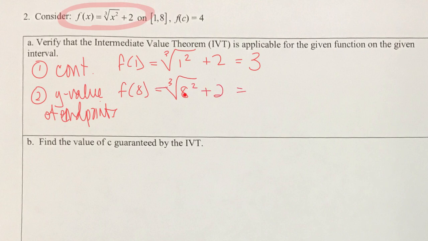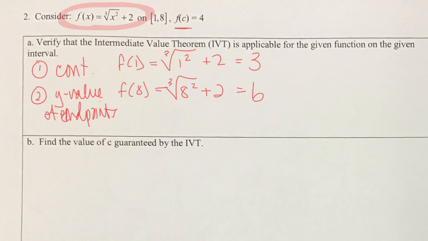So 8 squared is 64. The cube root of 64 is 4. 4 times 4 times 4 is 64. 4 plus 2 is 6.